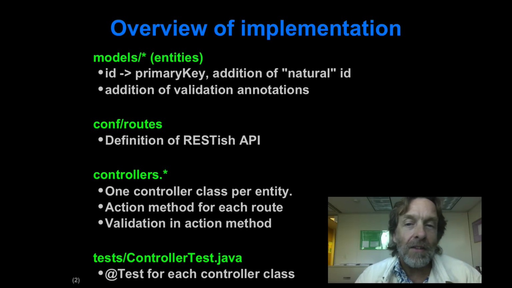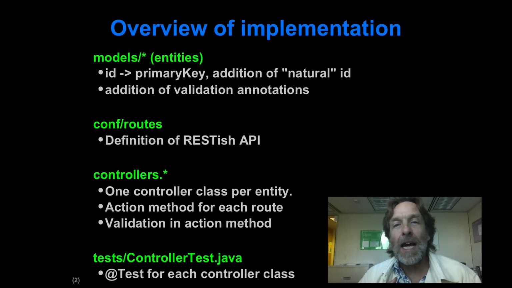In the entities, I'm going to change the field that was called ID to be called primary key, to make it explicit that that field is a database field. And then I'm going to add in another ID, product ID, tag ID, etc., which is the natural ID, the domain ID for those entities.